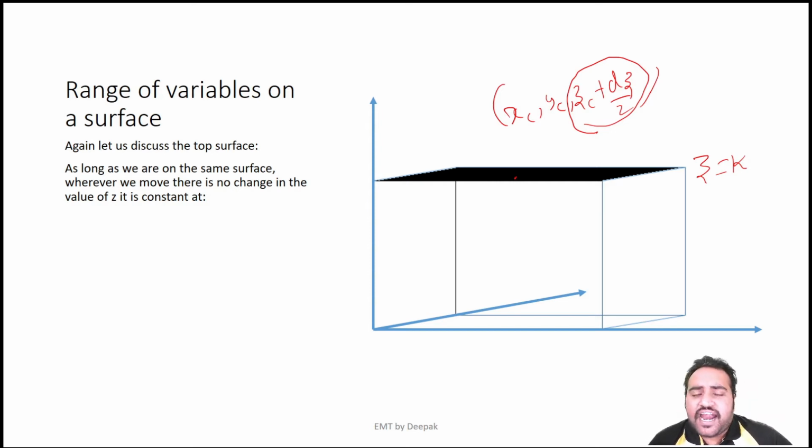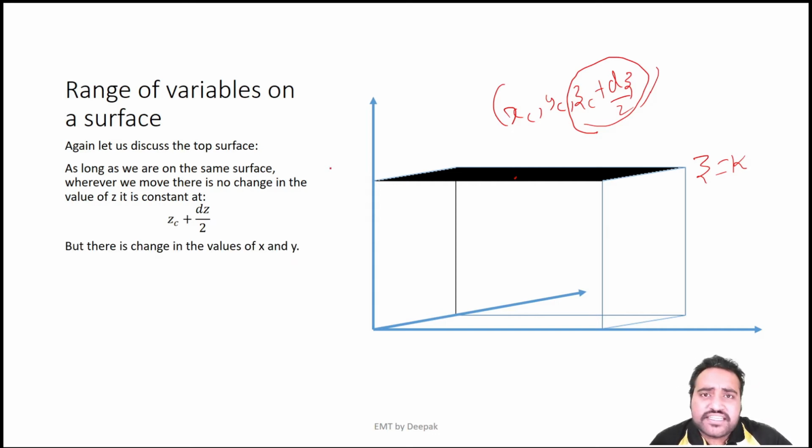That means at the top surface, the value of z is fixed. What about the values of x and y? The values of x and y are changing. Obviously they should change, otherwise you cannot form a surface. A surface can be formed with a change in a minimum of two variables. So the change is in x and y.